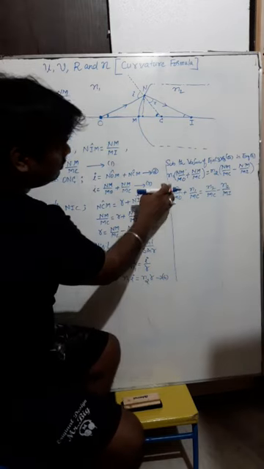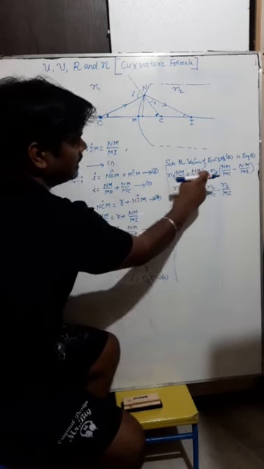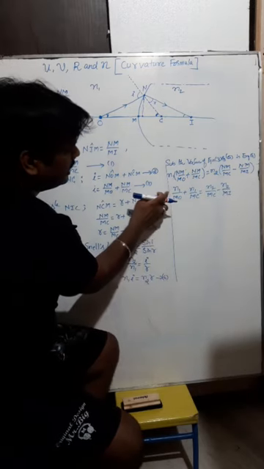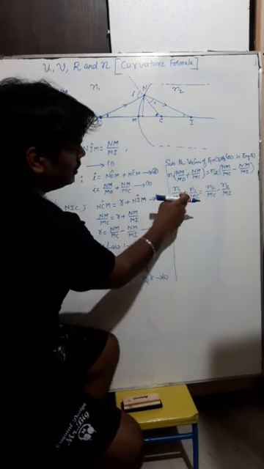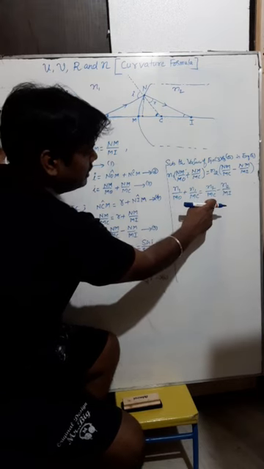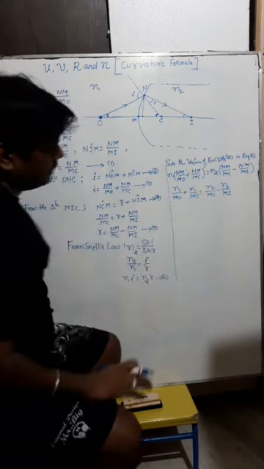After cancelling NM on both sides, the remaining equation is N1 by MO plus N2 divided by MC, which is equal to N2 divided by MC minus N2 divided by MI.